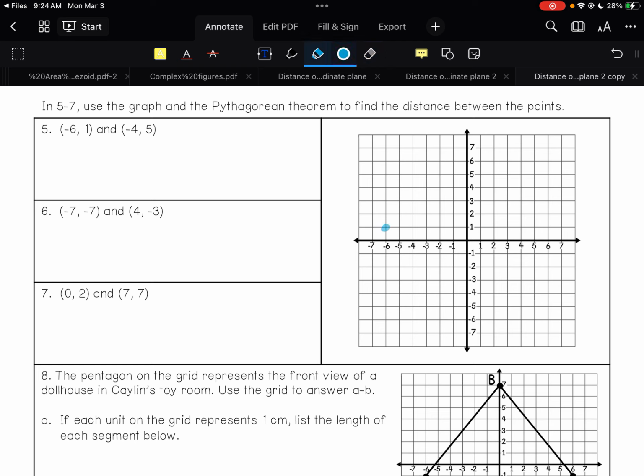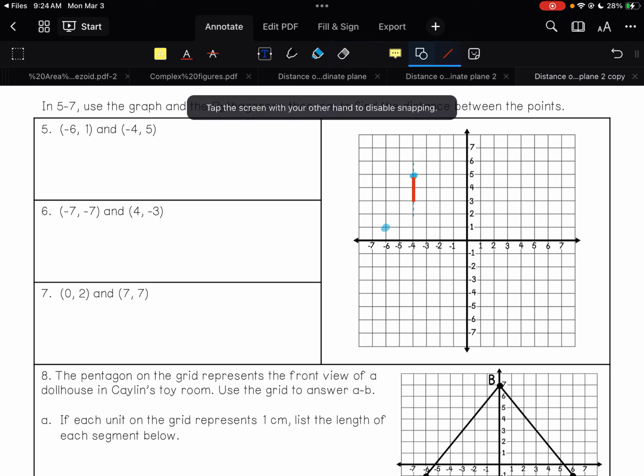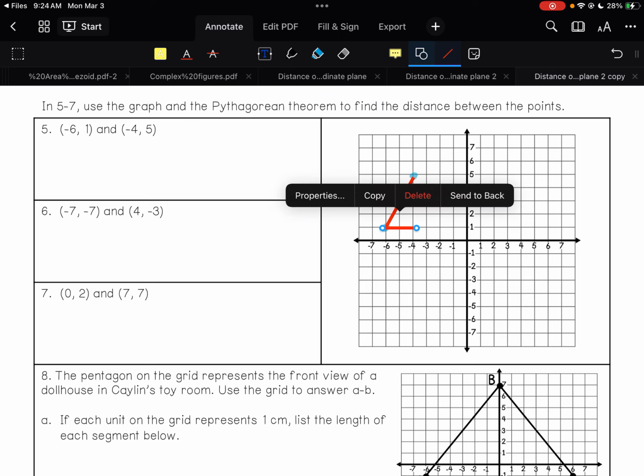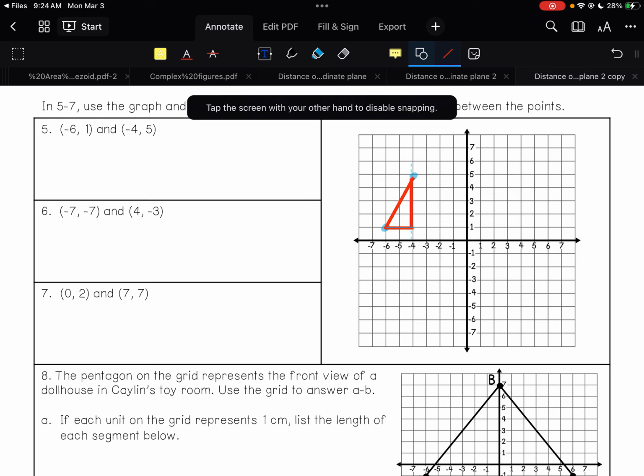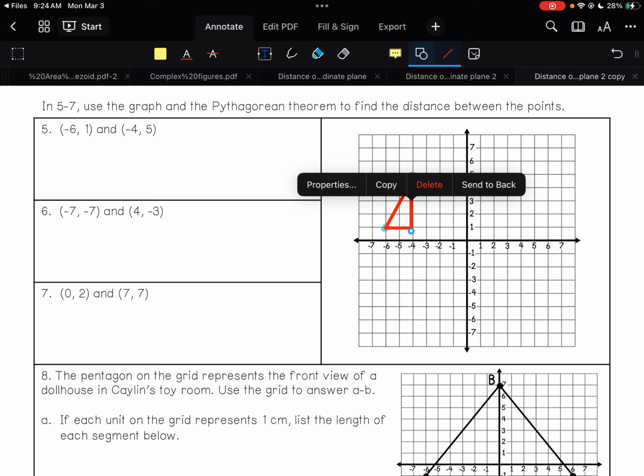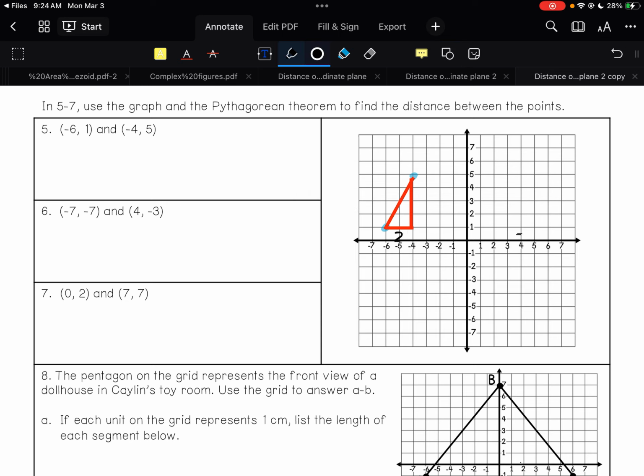Then we have -4, 5. So we are trying to find the distance between those 2 points. So I'm going to draw my triangle here. And I get 1, 2 here, and then 1, 2, 3, 4.